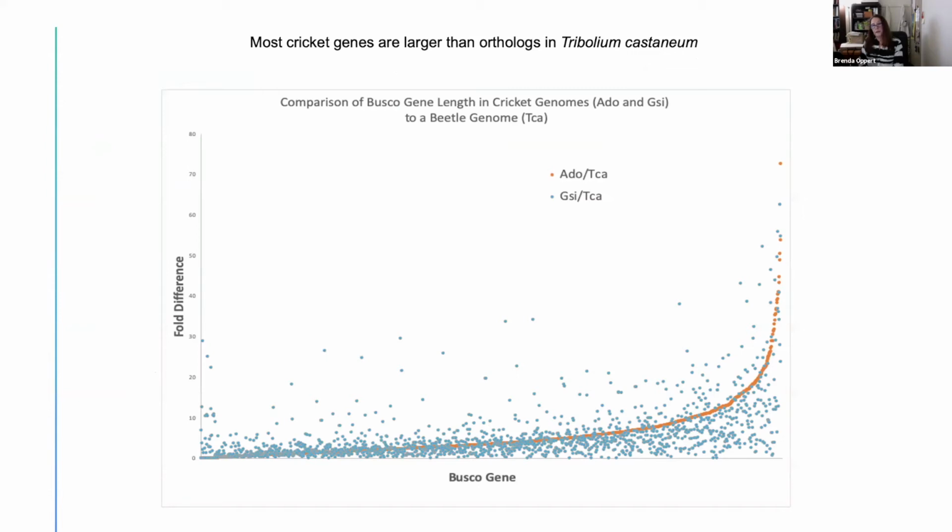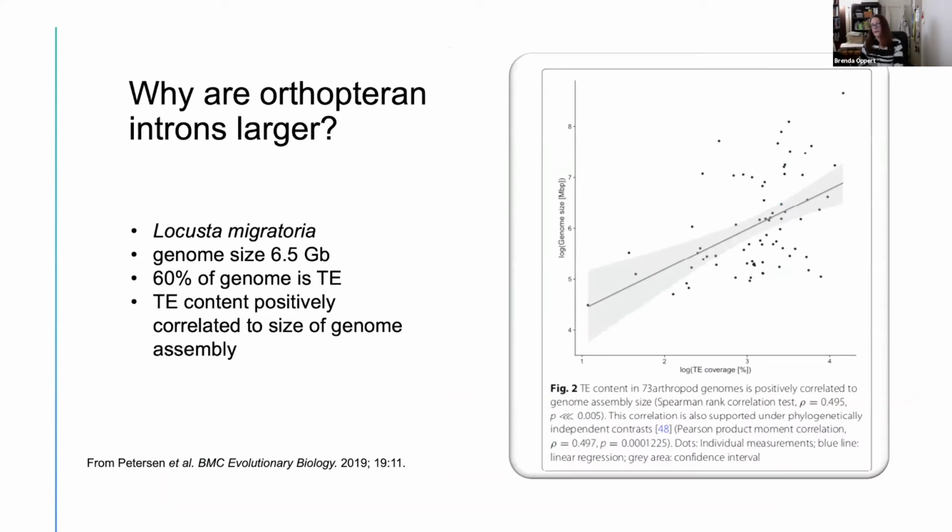This was sorted for Acheta just for ease of viewing, but in both cases we see that the genes are longer than those in the beetle Tribolium, and in some cases they're very much larger. And so we looked at this a little bit to try to understand why they are so much larger. And in fact, it seems that it's because of the intron size.